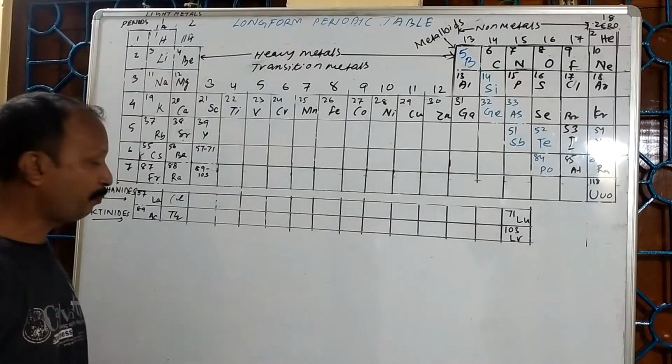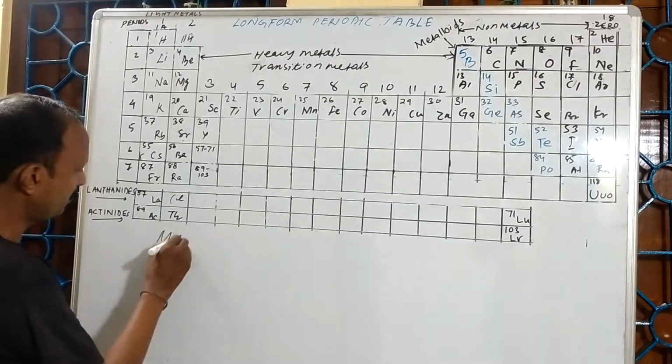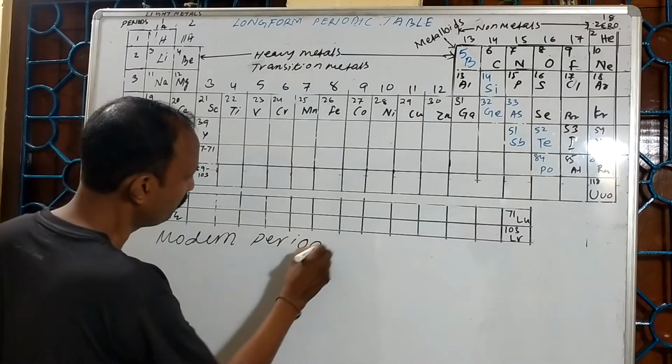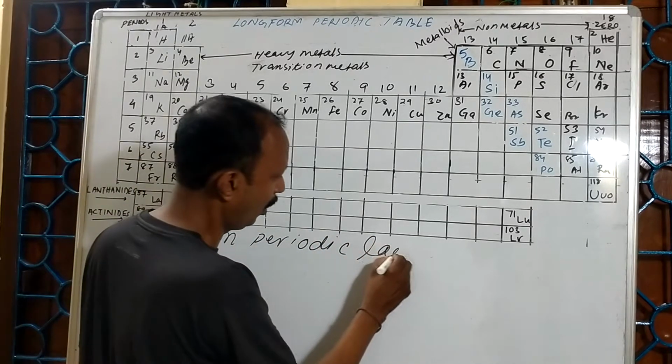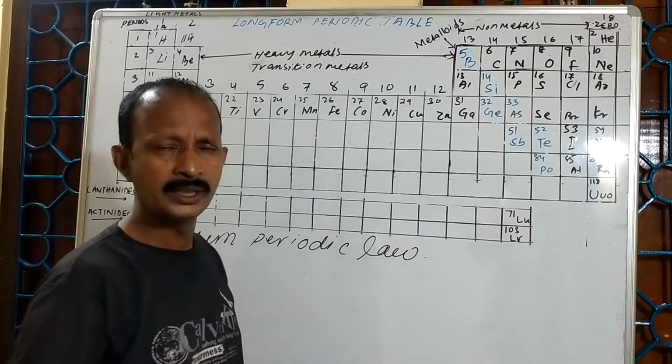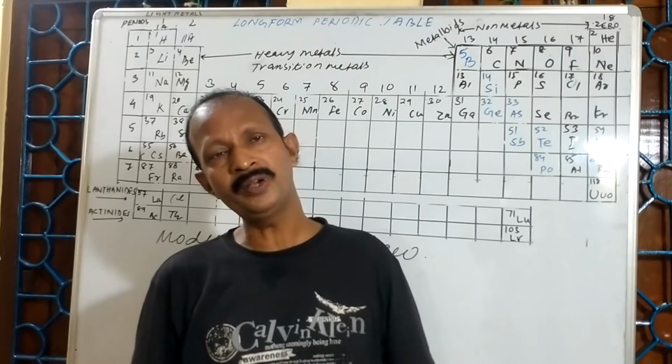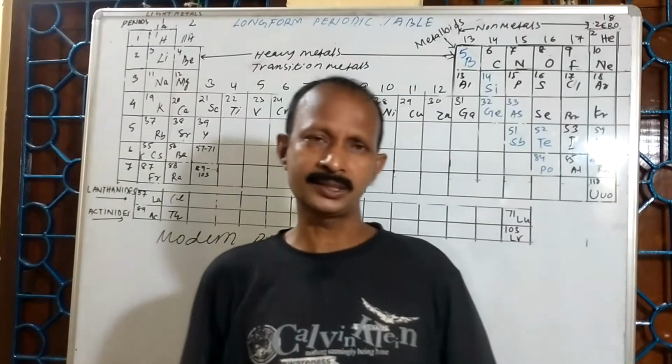What is modern periodic law? First we start from modern periodic law. In fact, Mendeleev prepared his periodic table on the basis of increasing atomic masses.